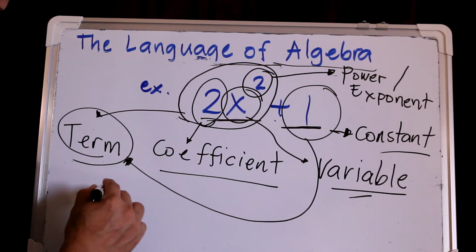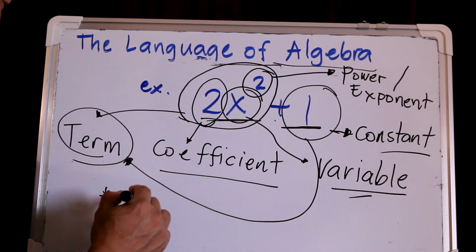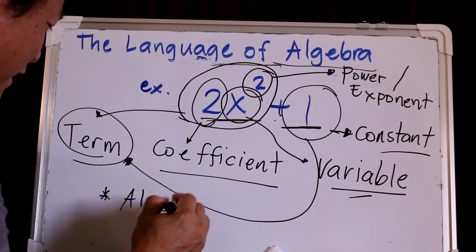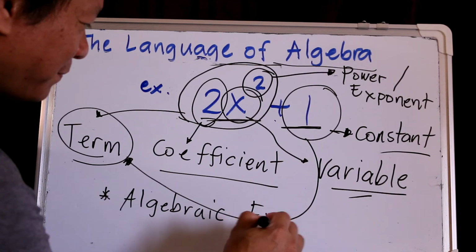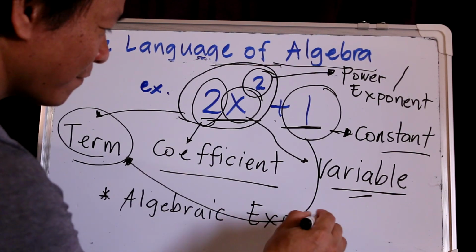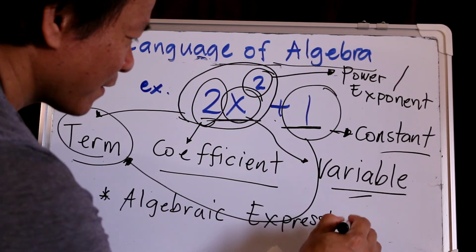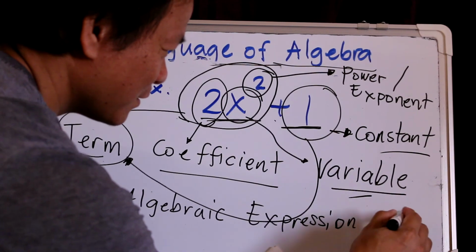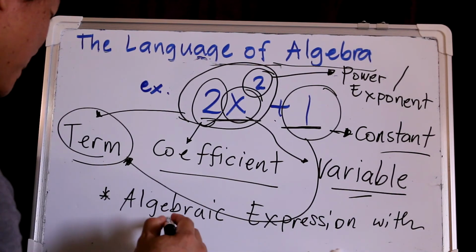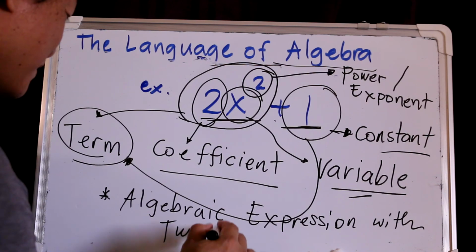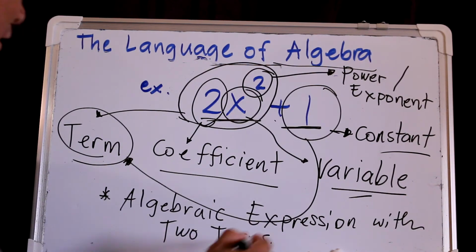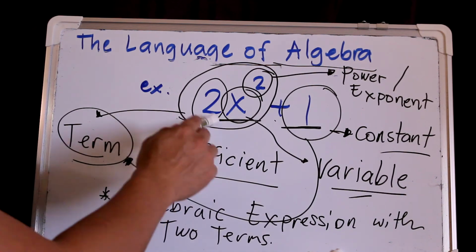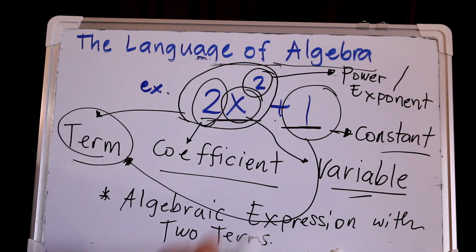If we are going to describe it, this is an algebraic expression with two terms. The 2x squared is one term, and the constant, which is plus 1.